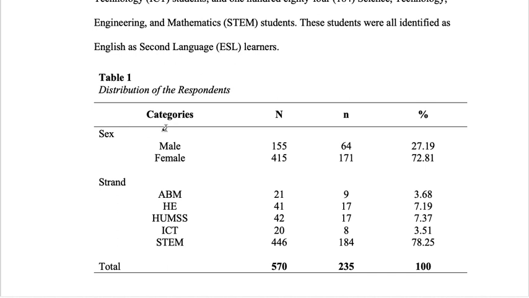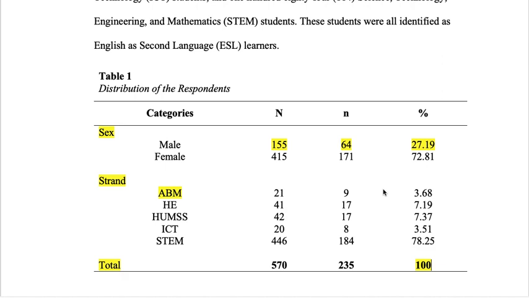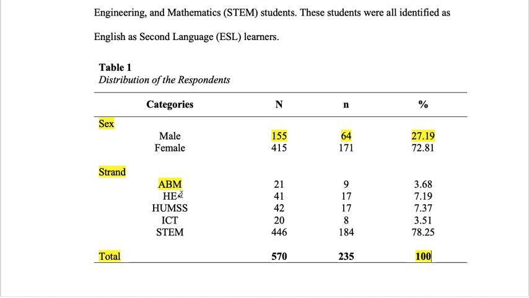Alright, so it's divided into categories. When we say categories, we have sex, strand, and as a whole. Wherein our total population is 155 for male. We only got 64 as our respondents, which is 27.19% of the total 100%. Alright, so this is how we illustrate our data in a 3-line table. When we say 3-line table, we only have the top, middle, and bottom lines.